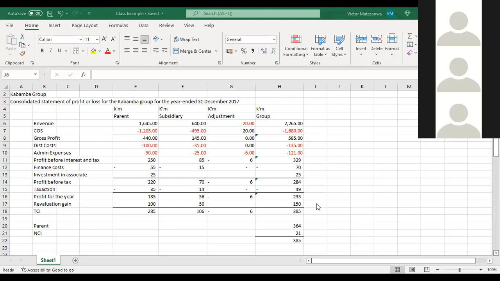So on admin expenses, what did you do? We adjusted for the loss in goodwill impairment. Or is it supposed to have its own line?